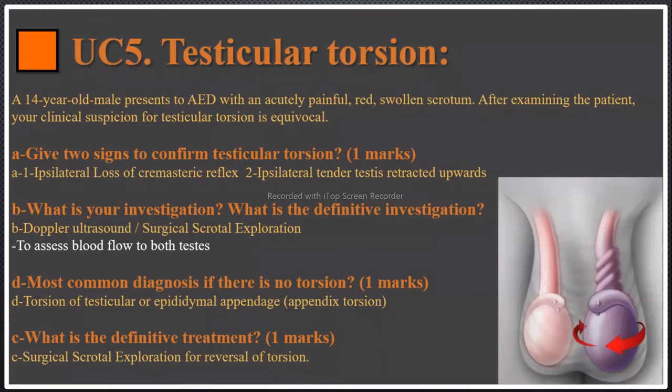Surgical exploration and untwisting. What is the difference between investigation and treatment? You have to reverse the torsion. So Doppler ultrasound is the initial investigation, and the definitive investigation is surgical scrotal exploration to assess blood flow to both testes. Regarding Doppler, I'm talking about Doppler.